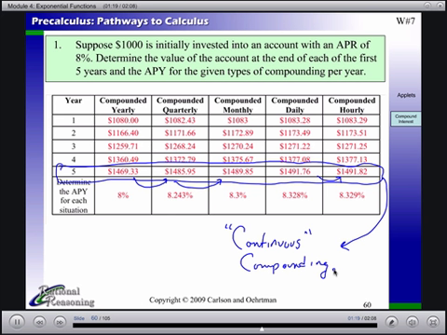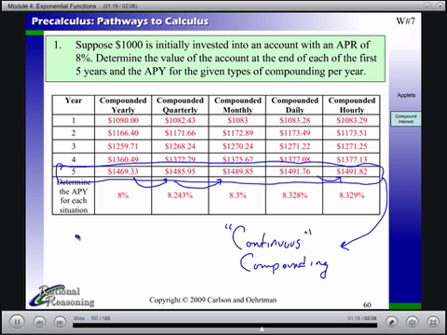This is the idea of hourly, or every minute, or every second, every half a second. Every single moment we're taking what we have and putting it back into the account so the interest can grow on the interest. When you compound continuously, do you end up with an infinite amount of money? No, these numbers seem to be, like you said, leveling off or converging on a number.